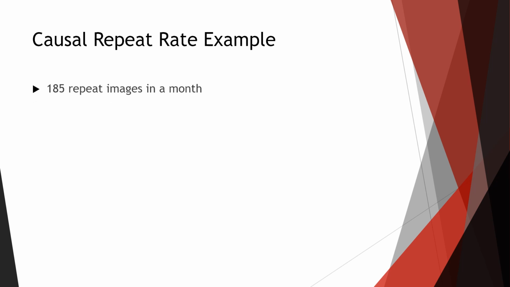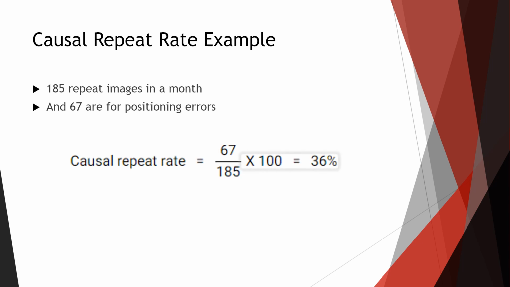Okay, so let's say there are 185 repeat images for the month overall, and 67, for the specific exam, are for positioning errors. What's the causal repeat rate of this? We would take the 67, which is the specific reason the exam was repeated, 67 times for positioning, and then over the total, 185, and we multiply it by 100, we get 36%.